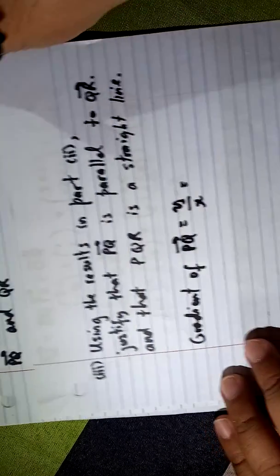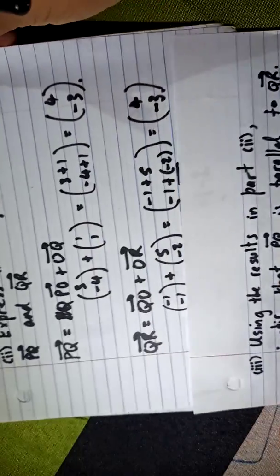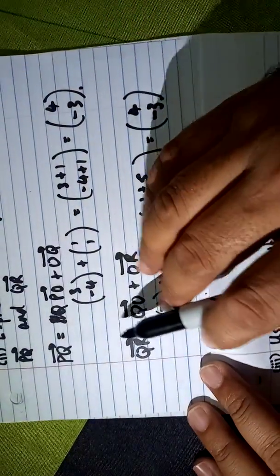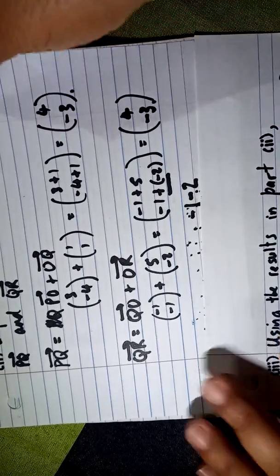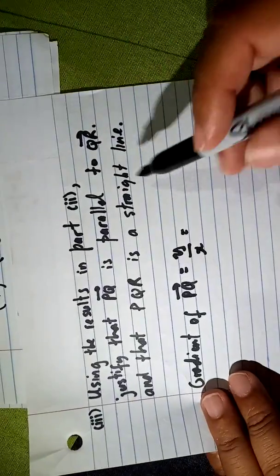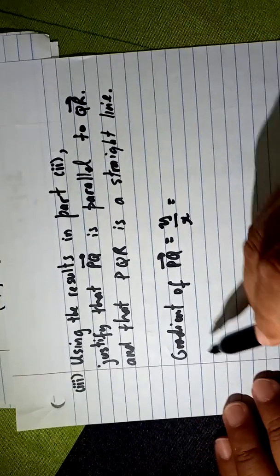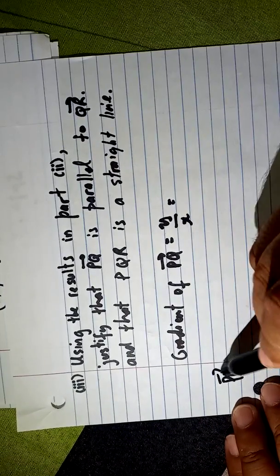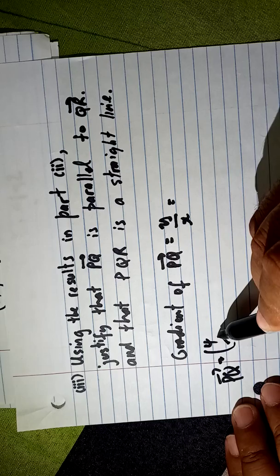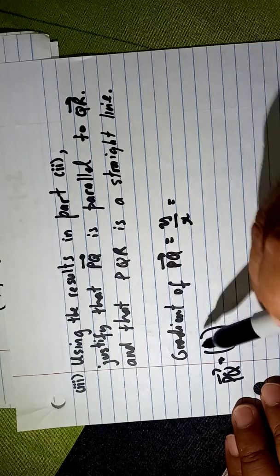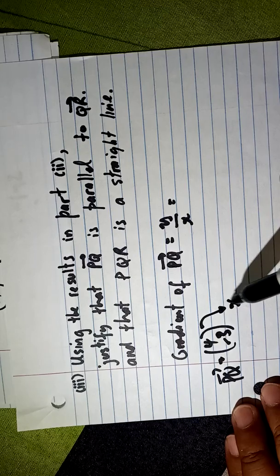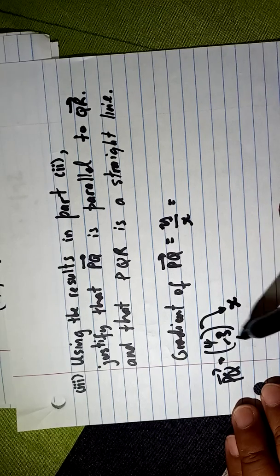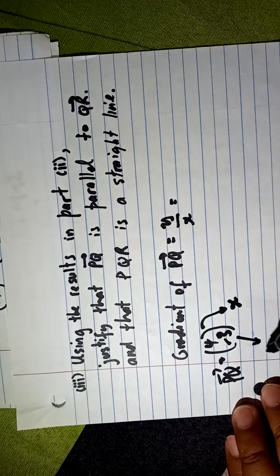Now PQ is actually 4, -3. Now remember we said that the top number is the horizontal shift, which is x, and the bottom number is the vertical shift, which is y.